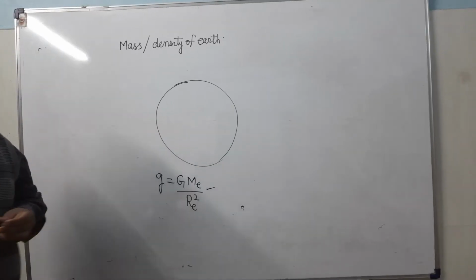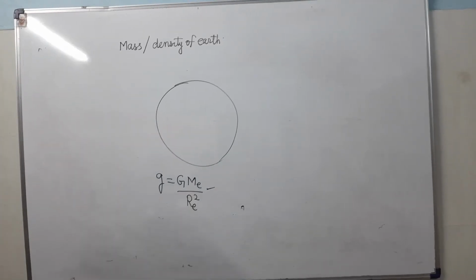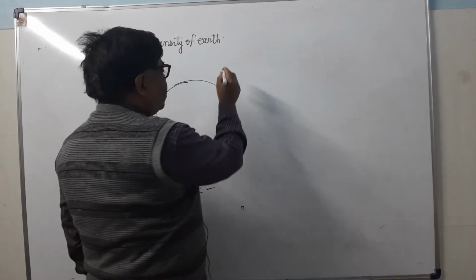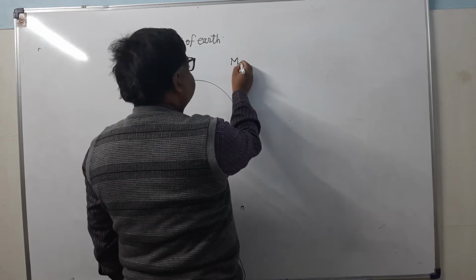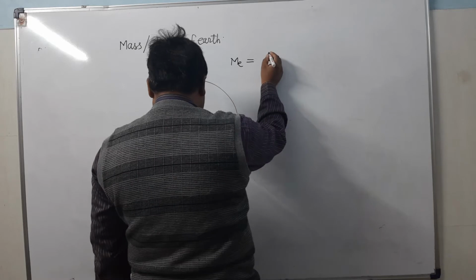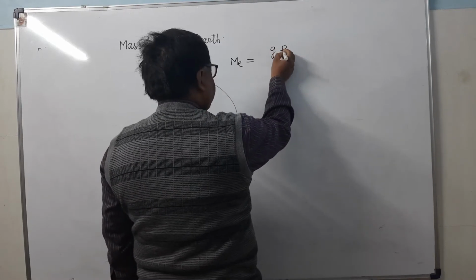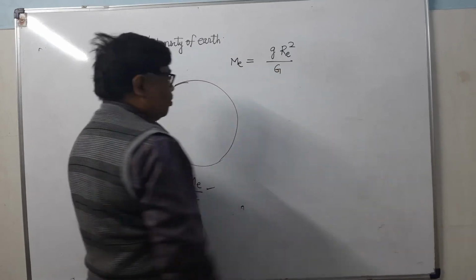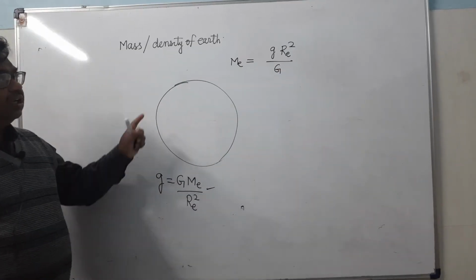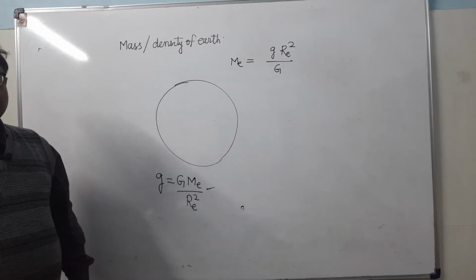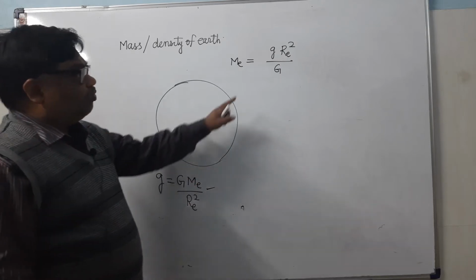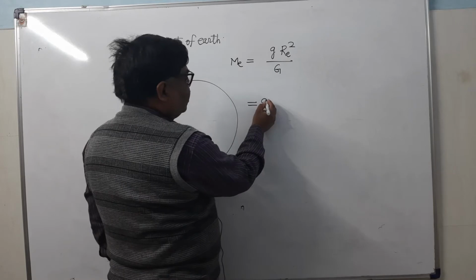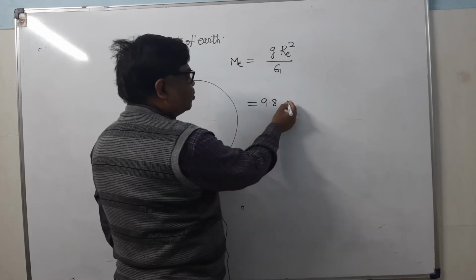Now see here, if we make the formula of Me from here, Me will be equal to g into Re square upon capital G. When you introduce the known values of these quantities: what are the known values? Small g is 9.8 meter per second square.